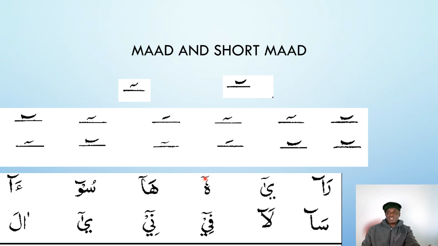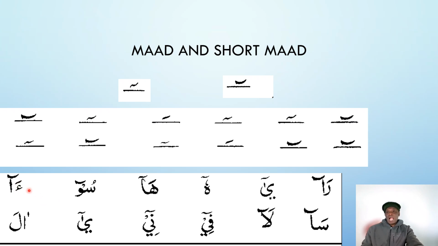Now you're going to lengthen it because of the mad, double length. Ha with alif is ha, but now with the short mad it's going to be lengthened. Same here, su. Because it's jazm, it's su, but you're going to lengthen it.